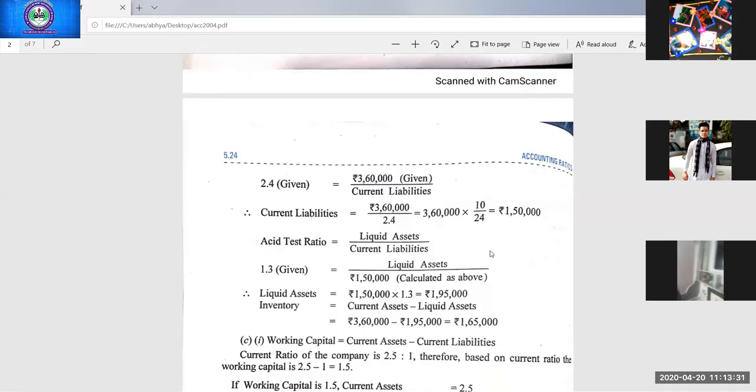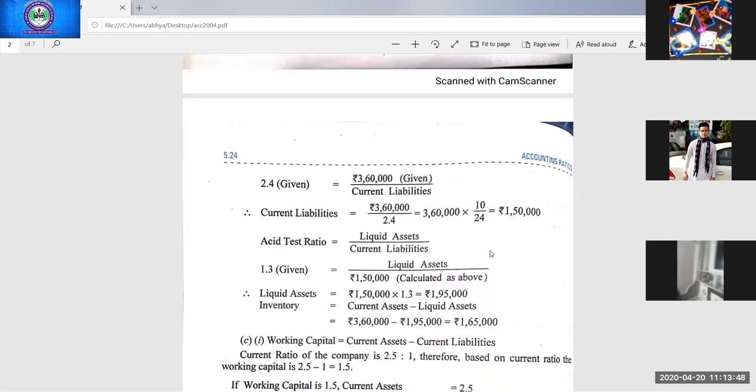So the current liability is 1,50,000. Acid test ratio, inventory 1,65,000 and liquid assets 1,95,000.